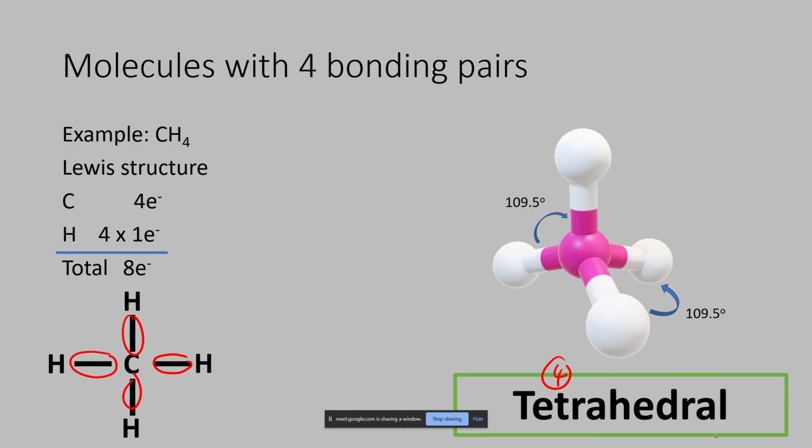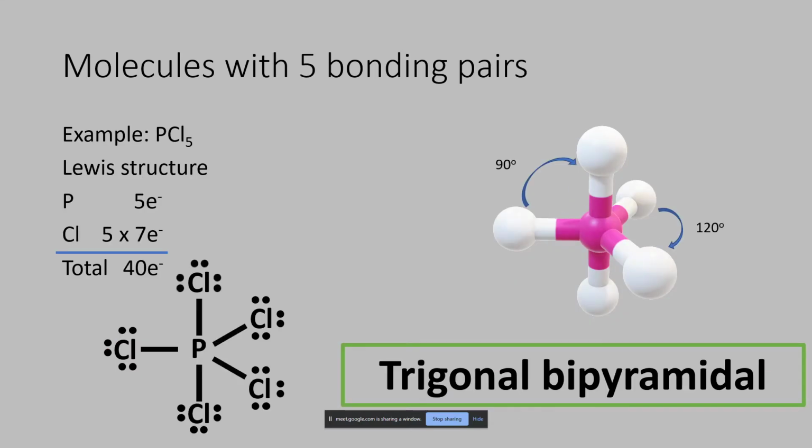Okay, but now instead of having 4, we are having 5 pula. Kita 5. It is called trigonal bipyramidal. Okay, contohnya phosphorus pentachloride. Okay, this, kalau you guys nampak, kenapa dia cakap trigonal bipyramidal?